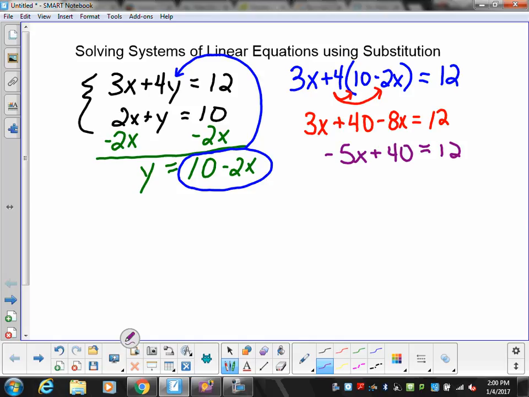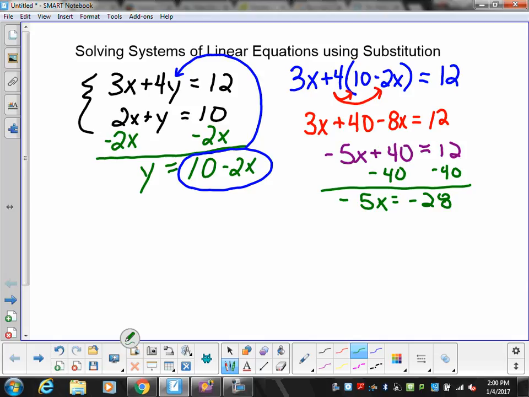Now this becomes a two-step equation that we did a lot of here in the first semester. So we need to move that 40 to the other side by subtracting it from the 40 and from the 12. So that's negative 5x equals negative 28. I don't necessarily expect y'all to know all of these subtractions and divisions in your head.